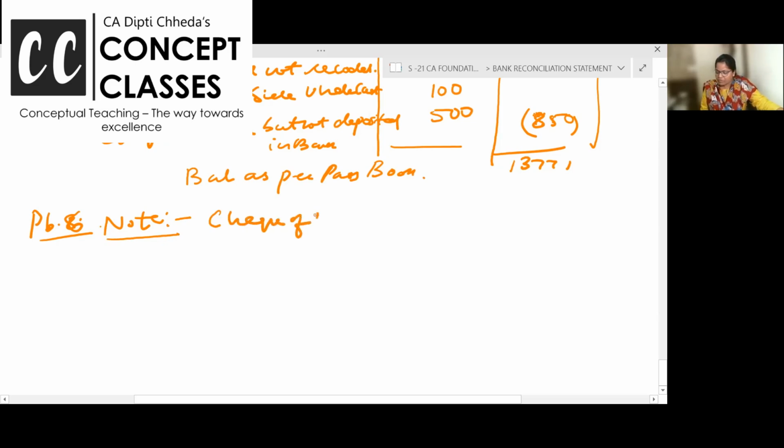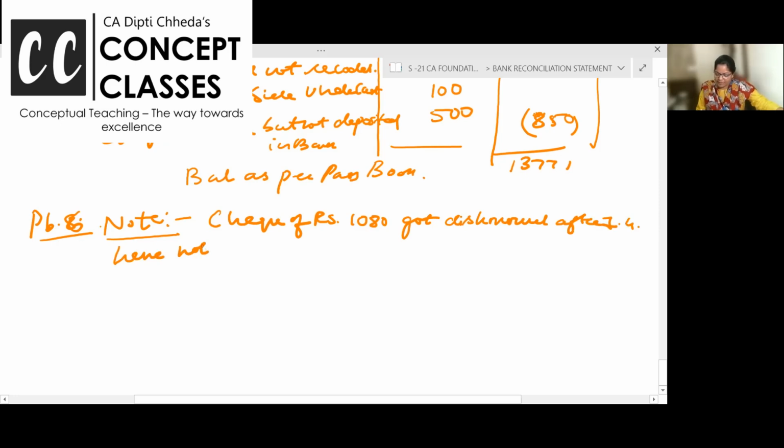Check of rupees 1080 got dishonored after 1st April.